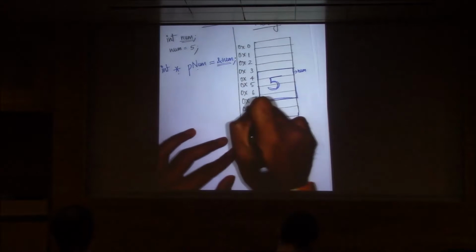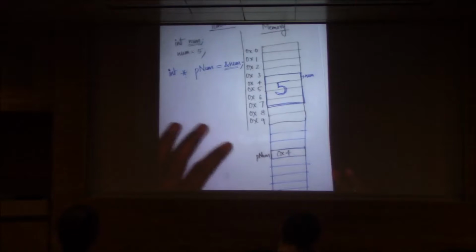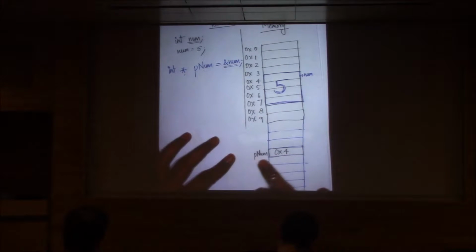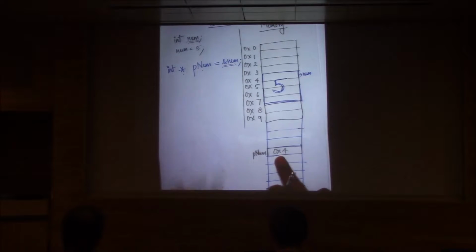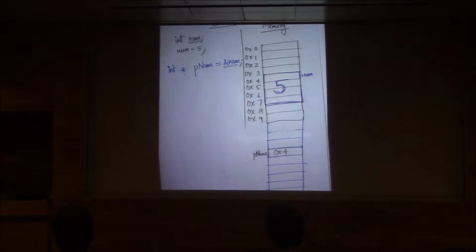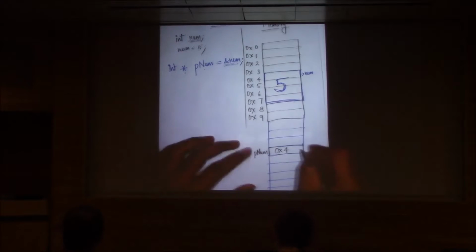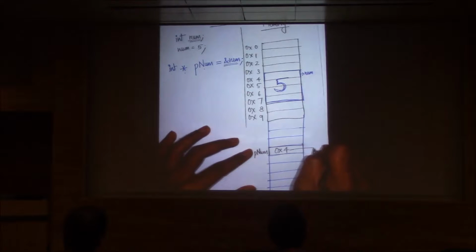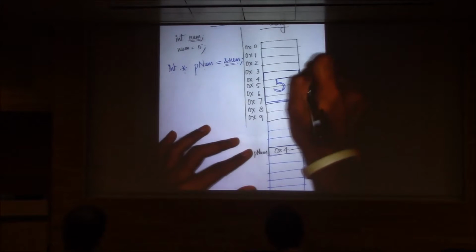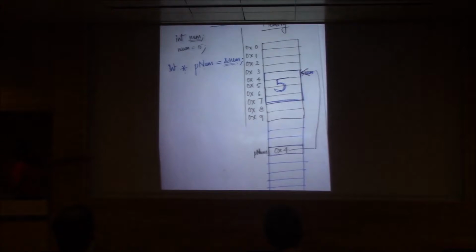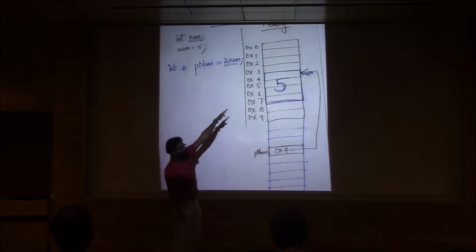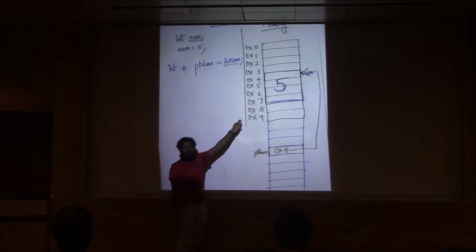Now the value of the pnum variable, which is a pointer, is just the address of the variable num. So using this pnum variable, we are actually referring to num.